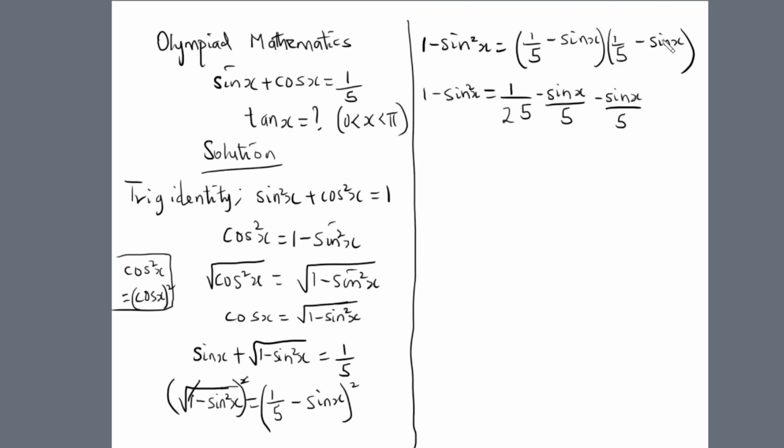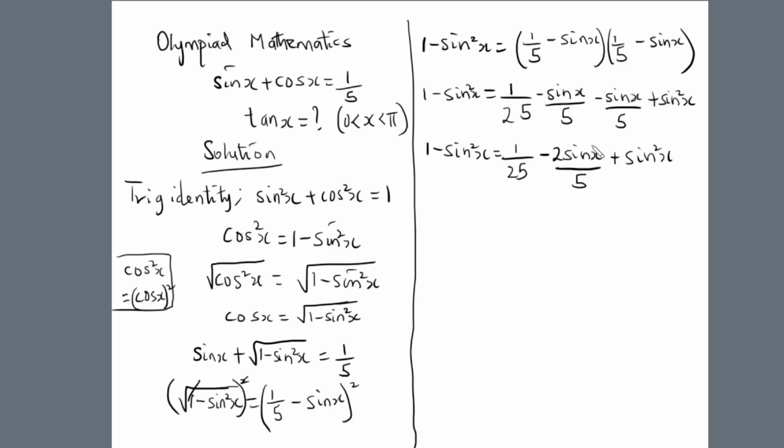And then minus sine x times minus sine x is plus sine squared x. So we have 1 minus sine squared x on this side, and 1 over 25 minus 2 sine x, don't forget, divided by 5, plus sine squared x.